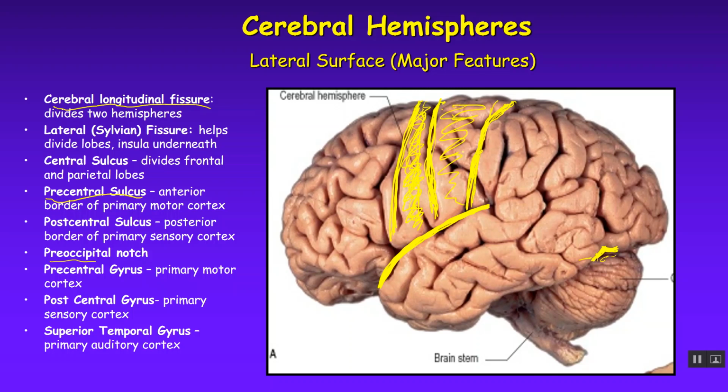The postcentral gyrus, this area just behind, that's your primary sensory area. So different modalities of sensation, pain, temperature, proprioception that you're consciously aware of, that you can say, somebody touched me right here, or right there.